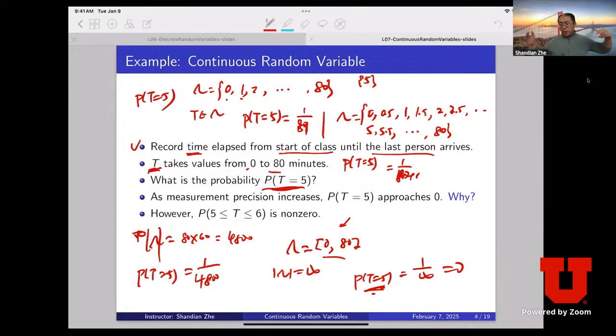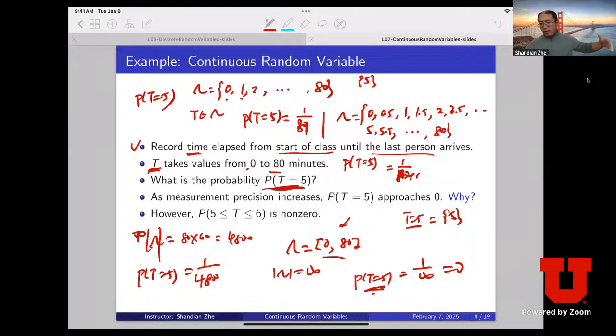When you gradually increase it more and more until at the limit your sample space becomes continuous, then you see that the probability you see a single outcome will approach 0, right? So t equals 5 represents an event. This event contains a single outcome, and this outcome is 5 minutes, right?